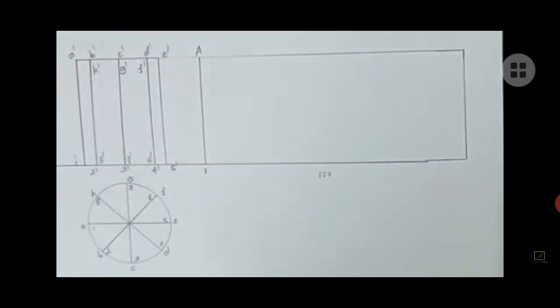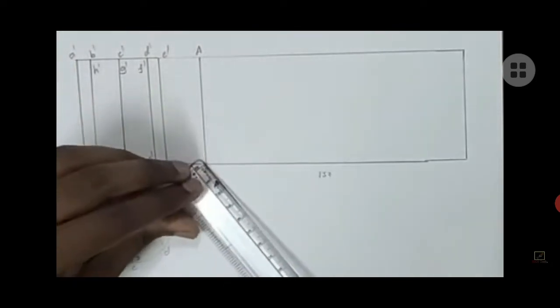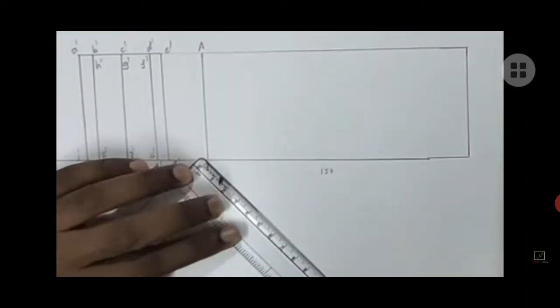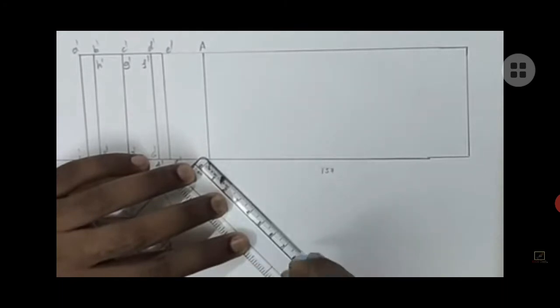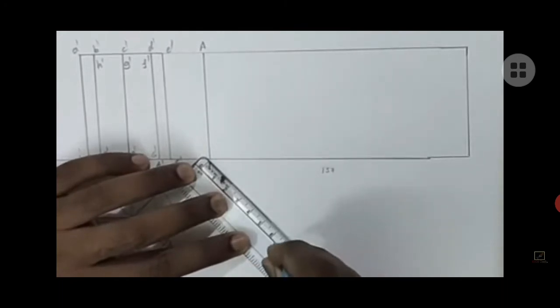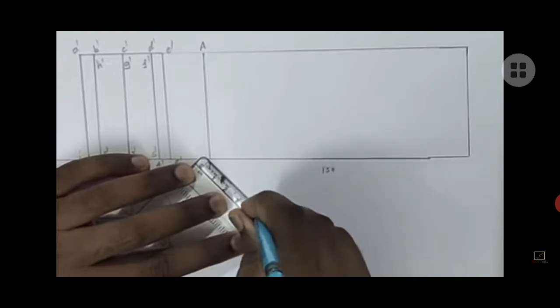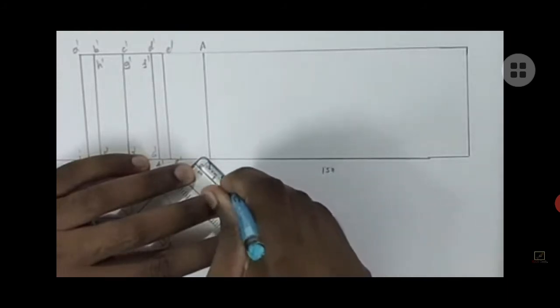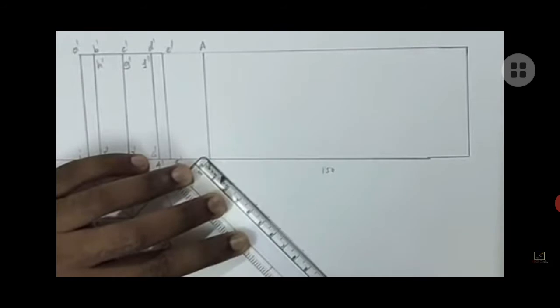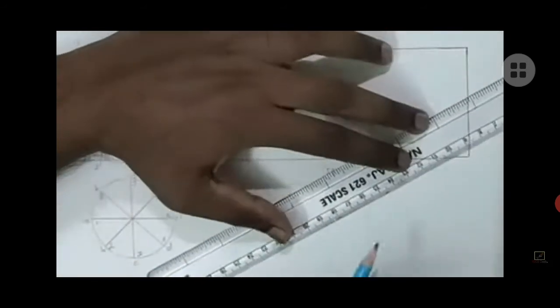After drawing, divide the line into 8 equal parts. For that, take a 30 degree set square and mark. Take lines, divide this line into 8 parts, connecting the last points.